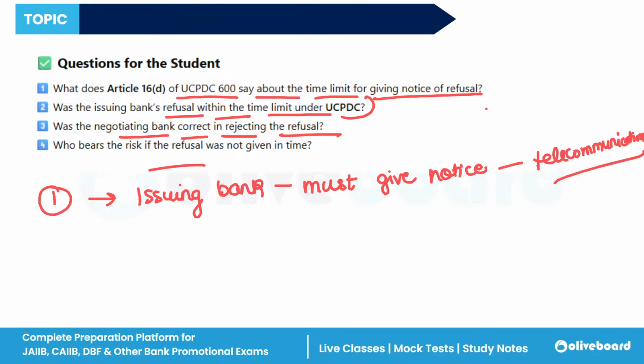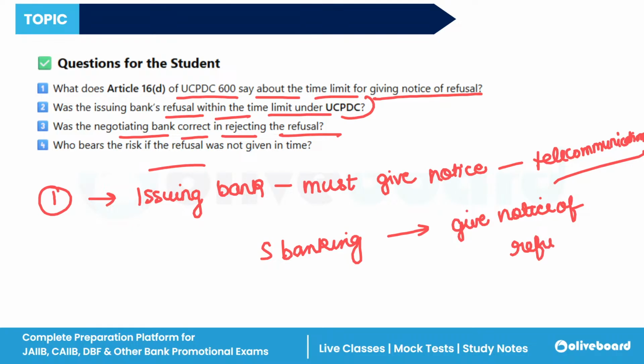So banks usually have 5 banking days, which excludes the weekends and local holidays, to examine the documents and give the notice of refusal. Okay, so this is what Article 16D is saying.